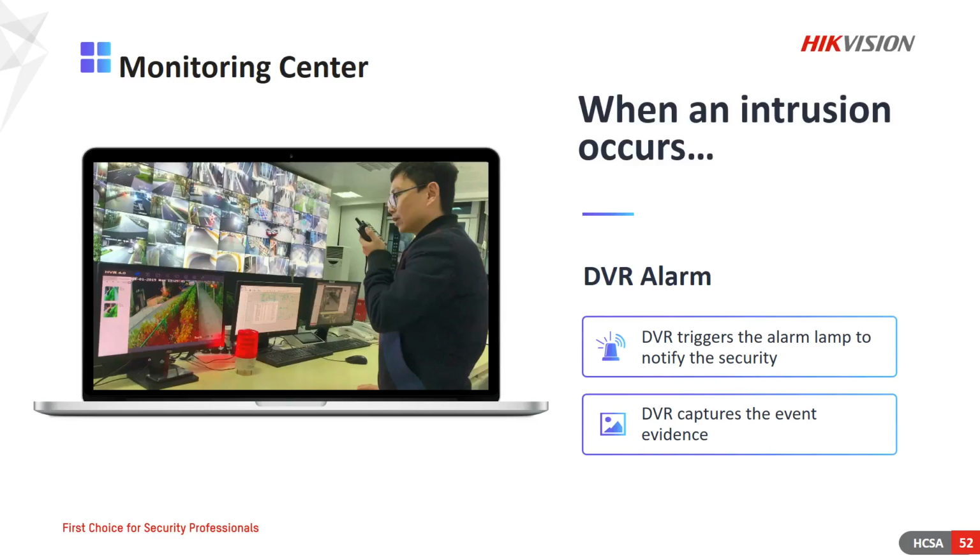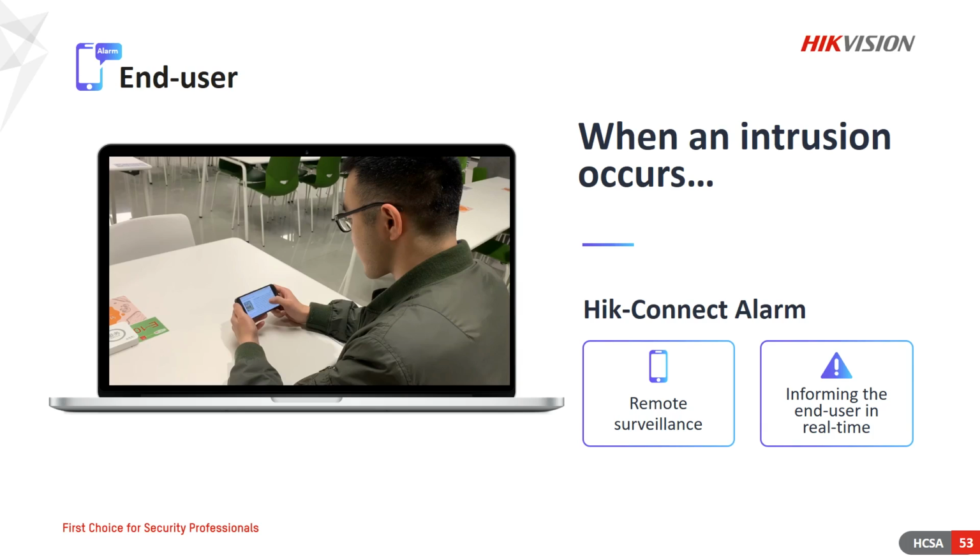The siren will be very noisy, so it's going to notify the operator in the monitoring center, and the operator is going to deal with it immediately. The second line is on the DVR side, and the third line is on the end user side.